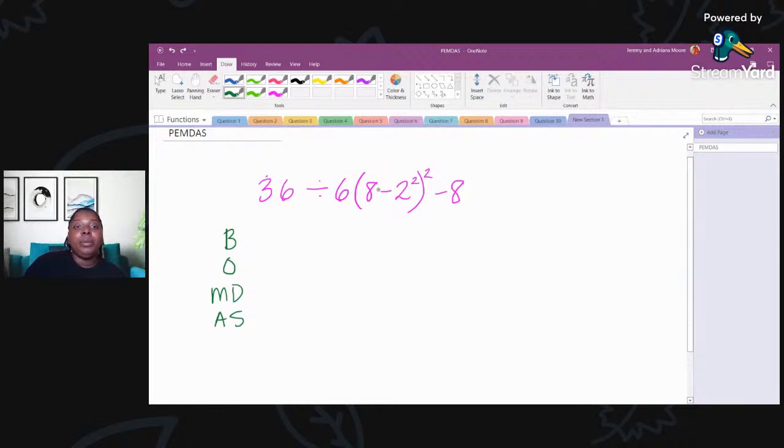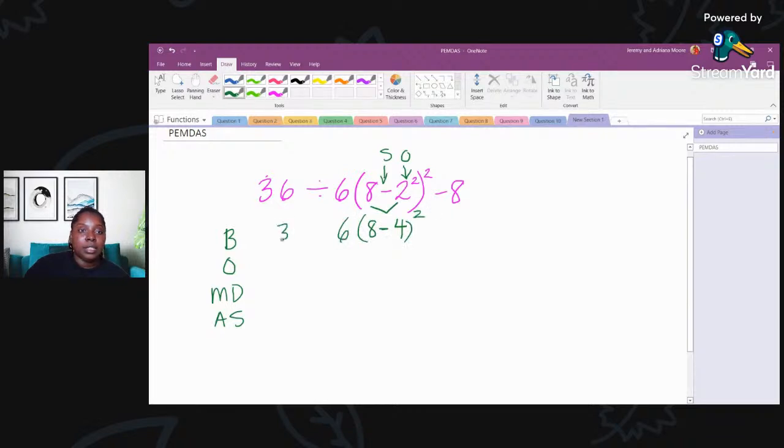Here we have subtraction and we have exponents. For you, you say of with the O, right? But exponents, all right? We take care of the exponents first. So we're going to make this 8 minus 2 squared, which is 2 times 2, which is 4. And all that is squared.